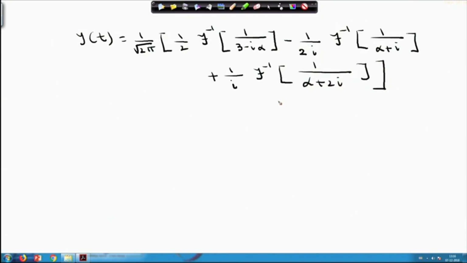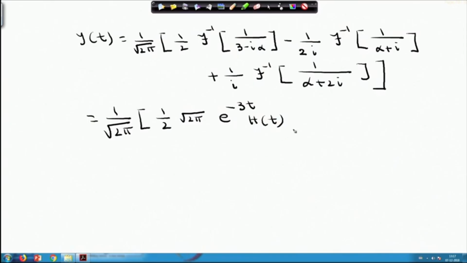And if you note, the Fourier inverse of 1 by (a plus i alpha), this particular form we have already done in the last example. What is the Fourier inverse of this function? That already we have done, so I am directly writing that part. So, this will be half into root 2 by pi into e^(-3t) into h(t). Please note that you should check it on your own again.